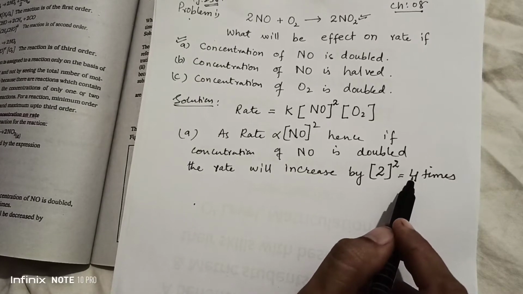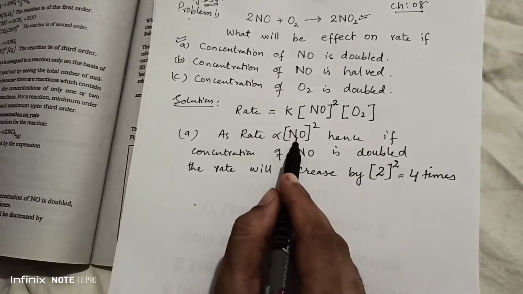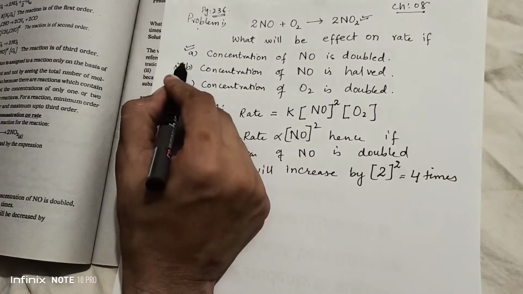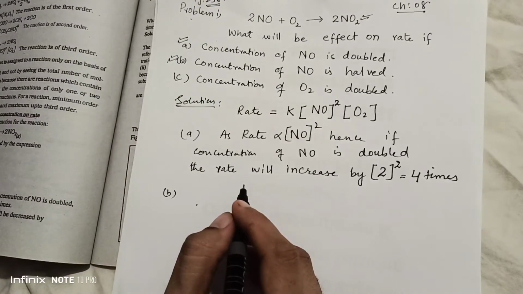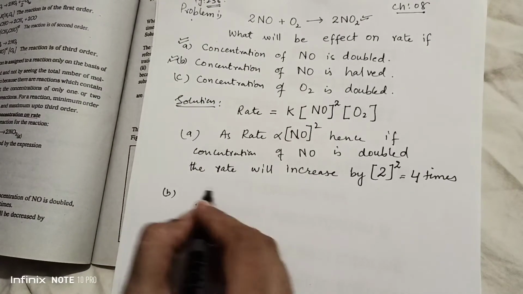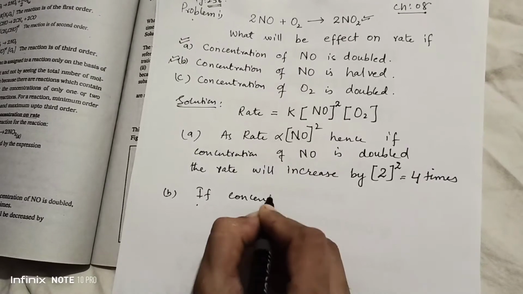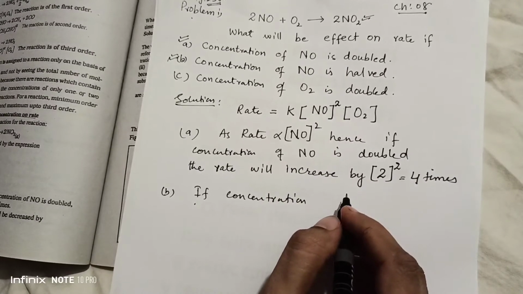And if I change the question and ask what will be the effect on rate if the concentration of NO is halved, this is the B part. Let's solve it. Half means 1 upon 2.